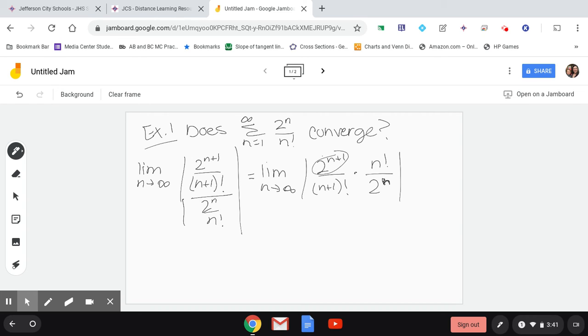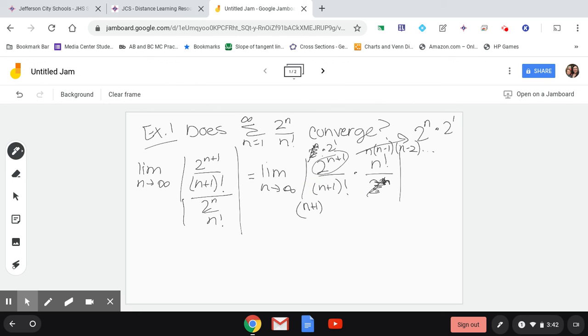So remember that this right here, 2 to the n plus 1, is the same as 2 to the n times 2 to the 1. So if that's what I really have right here, then I can cancel out these 2 to the n's. All right, so those are gone. And all I have left is 2. Well, n factorial can be expanded out because n factorial is really n times n minus 1 times n minus 2, so forth and so on, because you're multiplying by one less value until you get to 0. So n plus 1 factorial can also be written in expanded form.